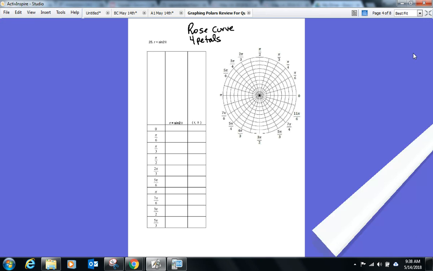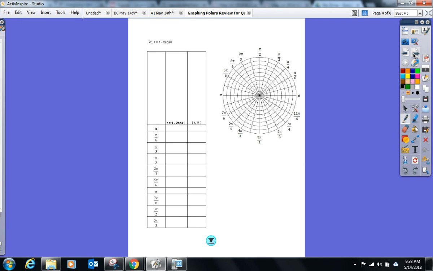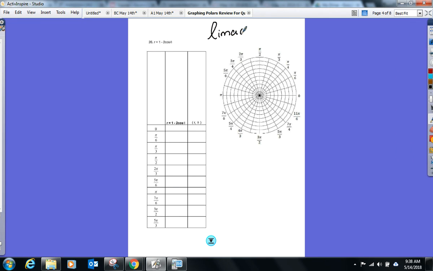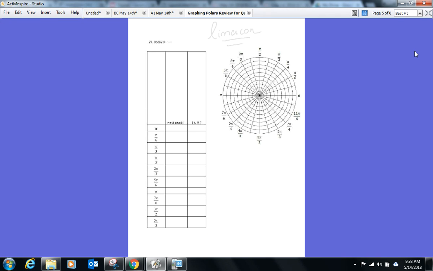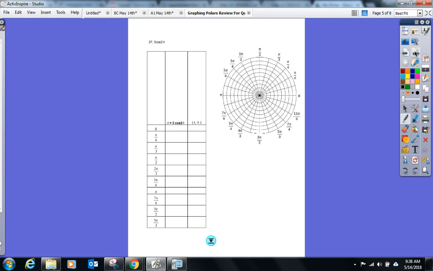And then finally, actually not final, I think I have more here. This one should be a graph of a what? A limacon. Number 26, that should be a graph of a limacon. Graph everything for me. And the last one, 3 cosine 2 theta.